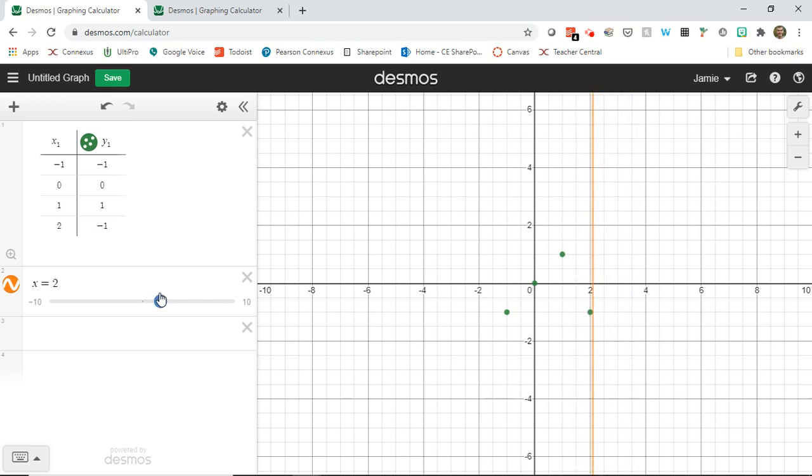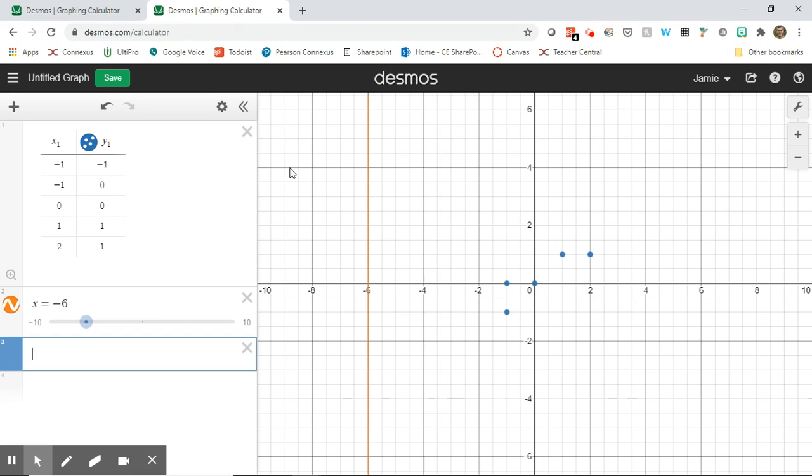So there, it's hitting one there, one there, one there, one there. If we can bring that vertical line across and it's not touching more than one point at a time, that means that that relation is a function. And that's what we said, that first one is a function.